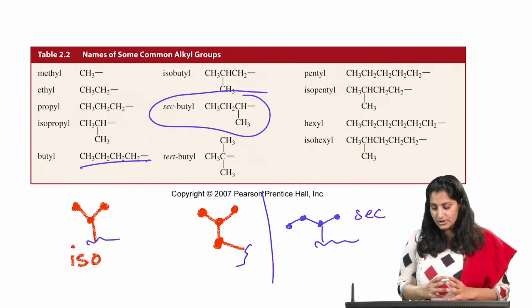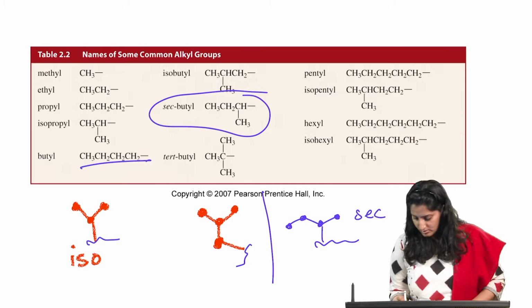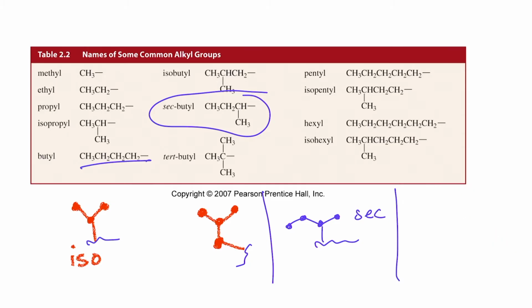Okay. For a tertiary carbon or a tertiary butyl group, what you have is the main chain or the parent chain is attached to a tertiary carbon on the substituent. So, in this case you have 1, 2, 3 and 4, okay. And what you have is a T-butyl group, okay.